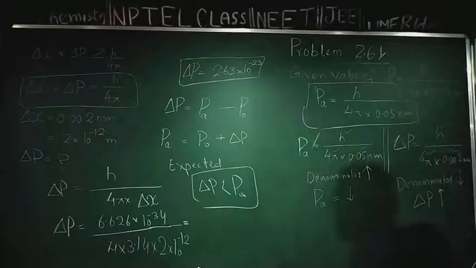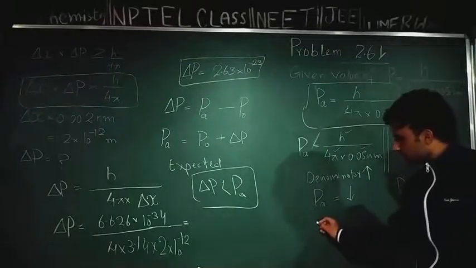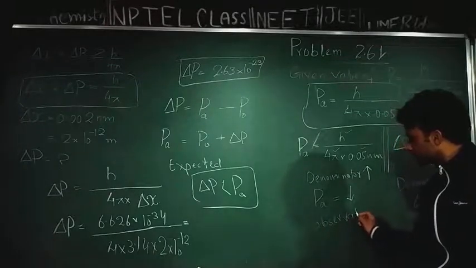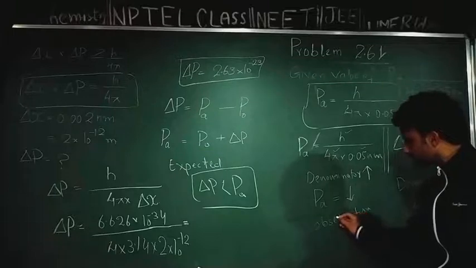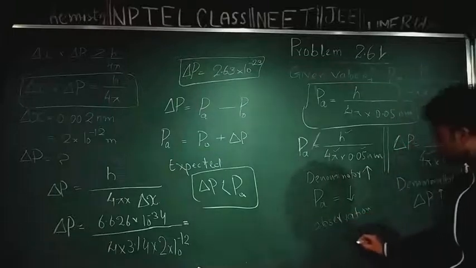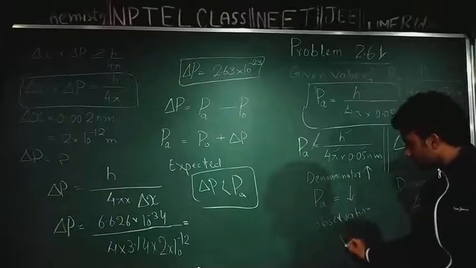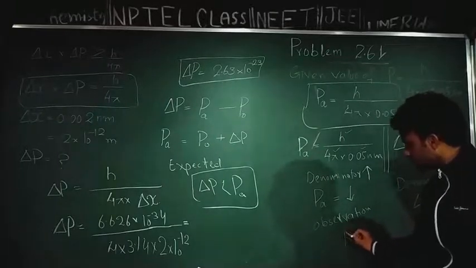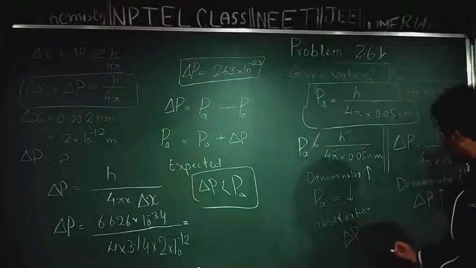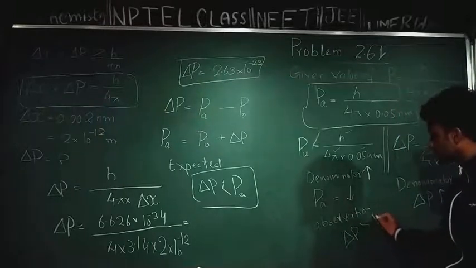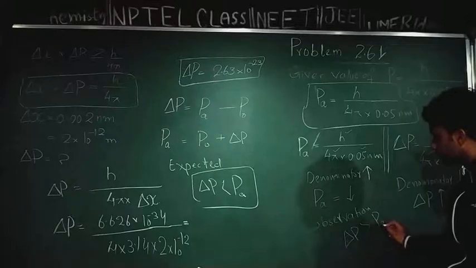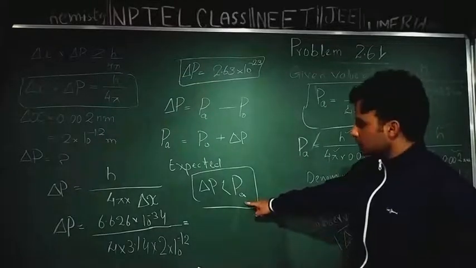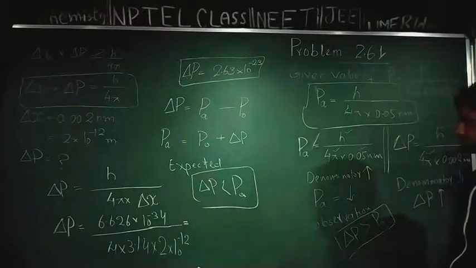So after comparing, what is the observation? After comparing, the observation is that the calculated value of uncertainty in momentum is greater than the given value of momentum, which contradicts the expected statement.